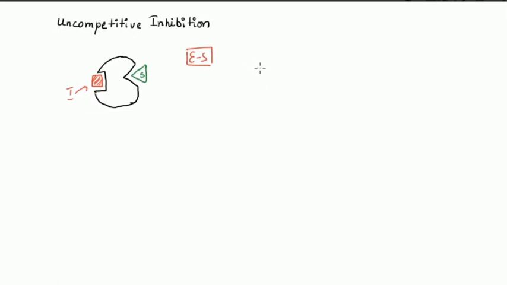So we can decrease the substrate concentration to deal with this kind of inhibition, because more substrate will cause more enzyme substrate complex to form, and that will increase the inhibitor binding. Therefore, if the substrate is decreased, the original Vmax would never be reached, and a new Vmax would be formed. So let's see that in the graph.